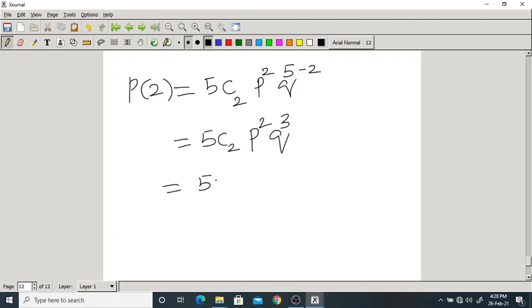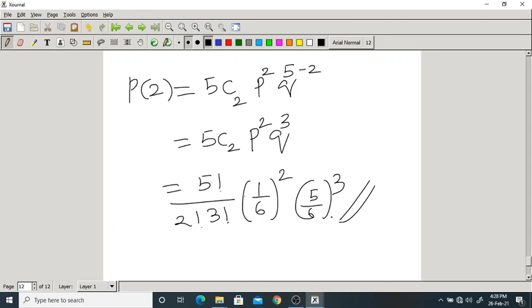What is 5C2? 5 factorial by 2 factorial into 3 factorial, into, what is p? 1 by 6, whole square, into, what is q? 5 by 6, whole cube. So that is the answer. Correct?